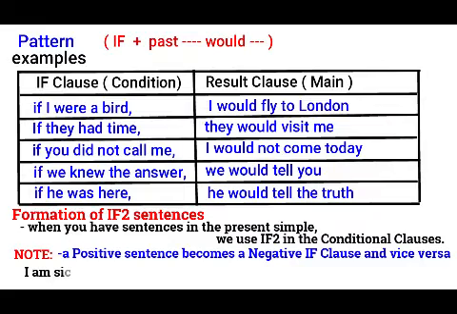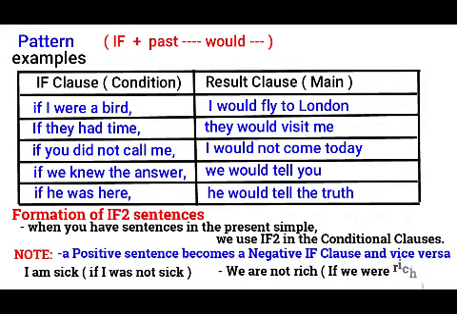I am sick. In the if clause, it becomes if I was not sick. We are not rich. In the if clause becomes if we were rich. So, when you get two sentences in the present simple and you are to join them in an if clause, you make an if-2 sentence.